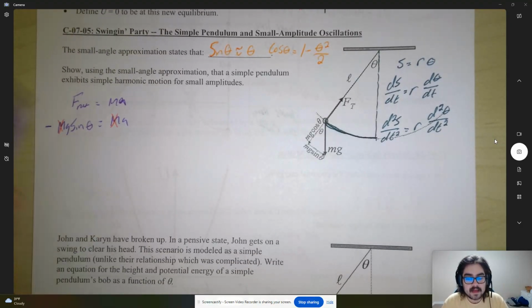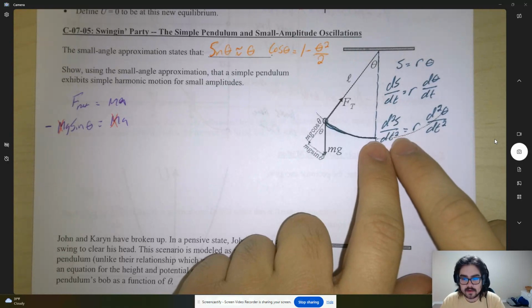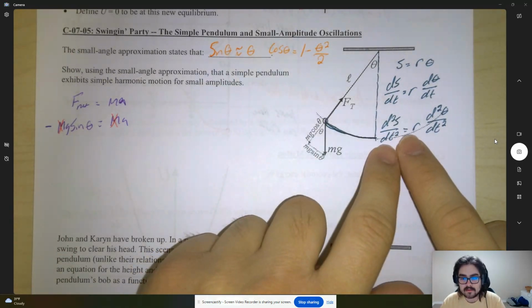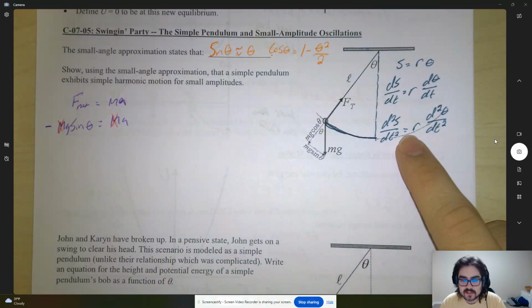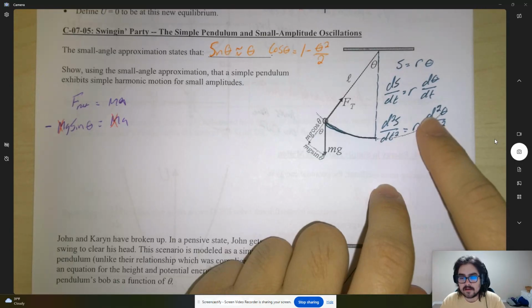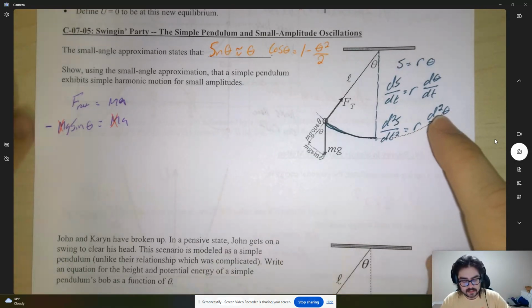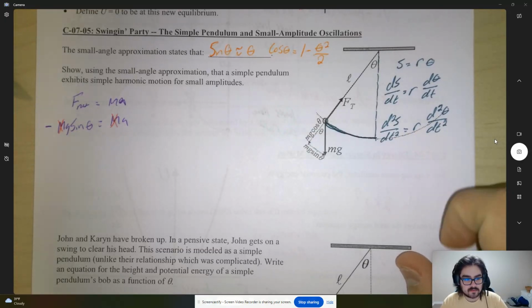Now take a look over here. I wrote this expression, d squared s, the second derivative of s, where s is position, or the length that I've traversed. The second derivative, or acceleration in this case, is equal to r times the second derivative of theta. So I can make the substitution: acceleration is equal to r times the second derivative of theta.